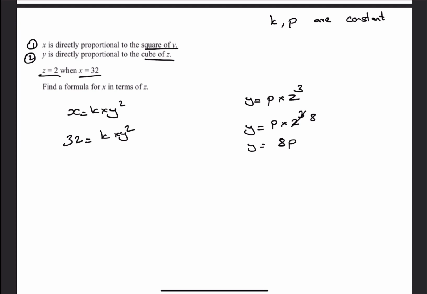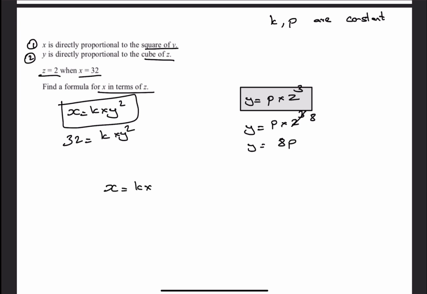But then, okay, what you will notice is we want x in terms of z. If you look at the formula, this is your first formula, this is the second formula. x in terms of z. So x is equal to k times y squared. Y is a common one, so just substitute. Y is what? pz cubed.